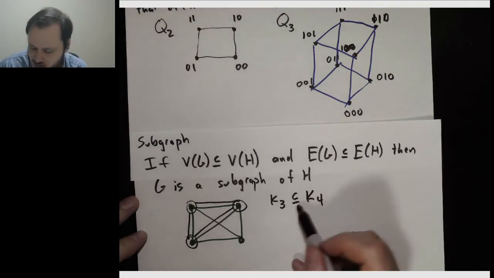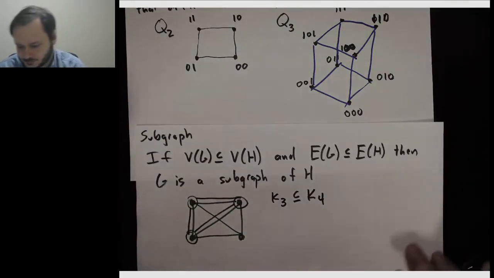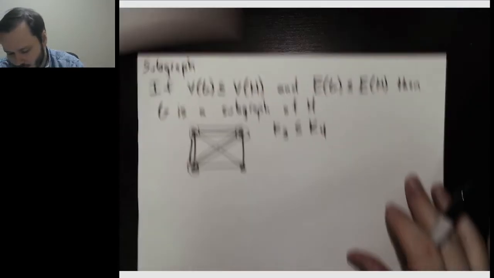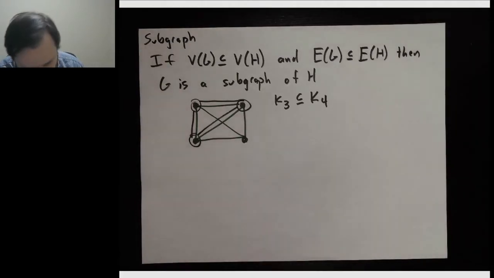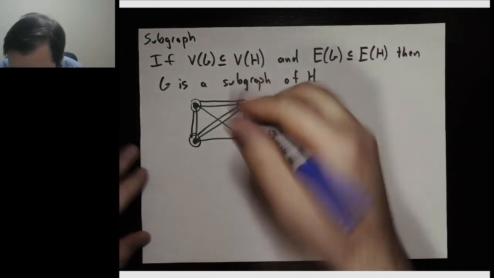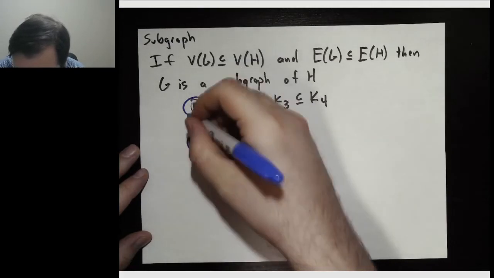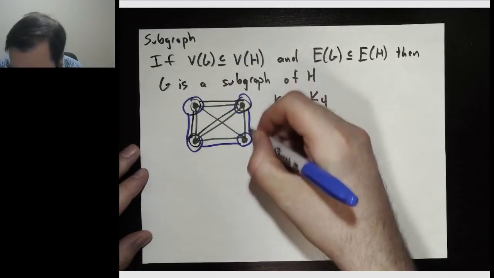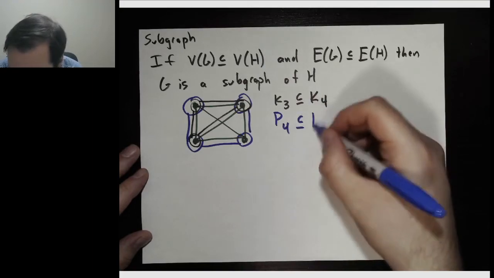And we use the same subset notation to mean subgraph. There are other graphs that are also a subgraph of my K4. If I pick this vertex, then this one, then this one, then this one, I can see that P4 is a subgraph of K4.